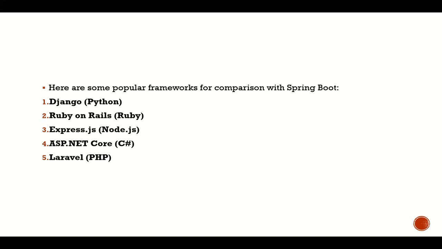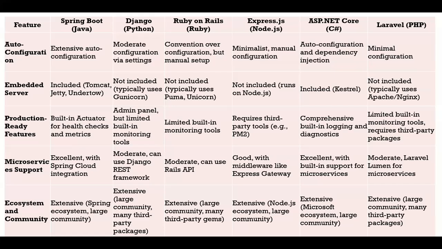Laravel, yes, again a PHP framework, which is specially meant for working upon frameworks that are quite in sync with your Spring Boot. This chart, or table, I think would be good to get clarity among Spring Boot, Django, Ruby on Rails, Express.js, ASP.NET Core, and Laravel, right?